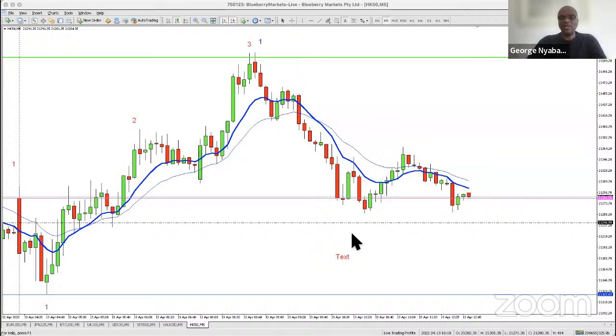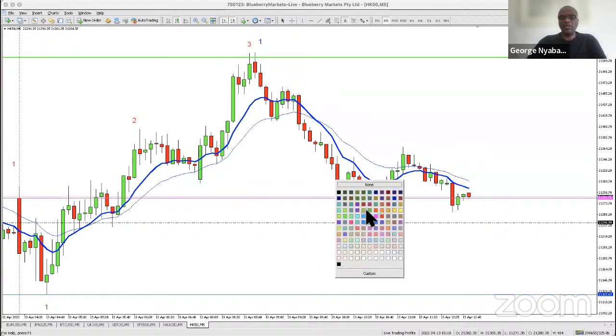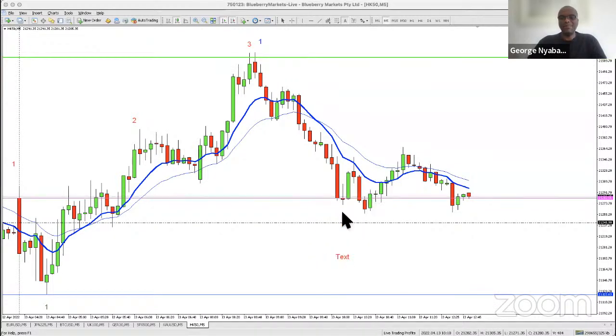I'm just marking that as a 2, and I'll explain to you why. Second touch. Okay, so that we'll consider as our second touch, and that we're going to consider as our first touch.